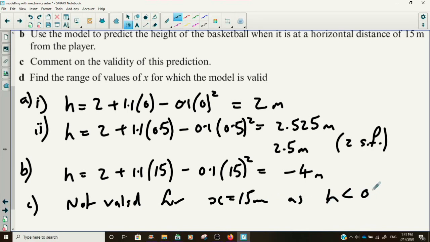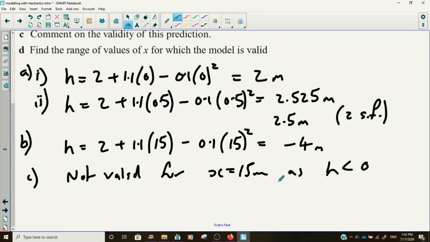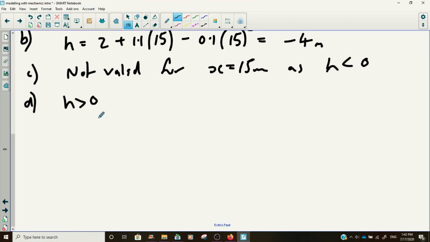Okay, so we wouldn't want to use this model for 15 meters, or perhaps slightly less than that. And that leads us to part D. Part D is asking us to work out the range of values of x for which the model is valid. Well, I would say that we want the height to be greater than 0. For our model to be useful, it wants to give us results for positive heights, at least greater than or equal to 0.